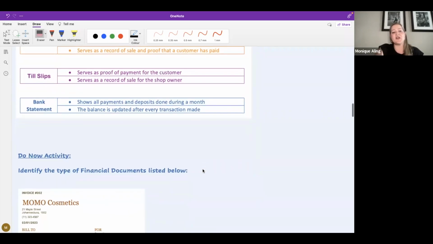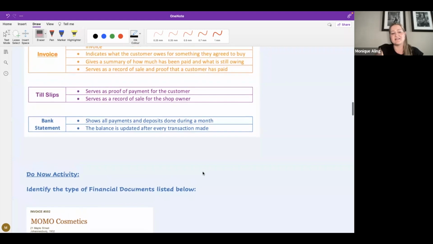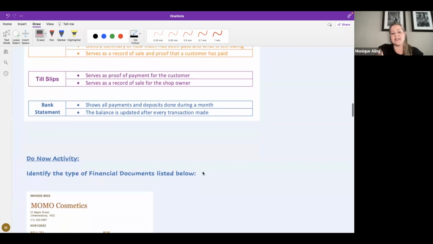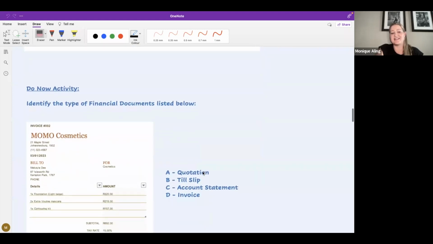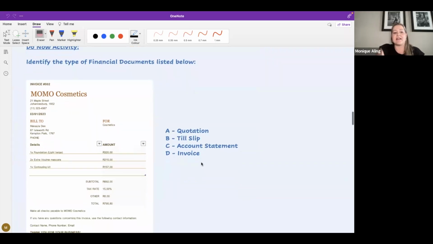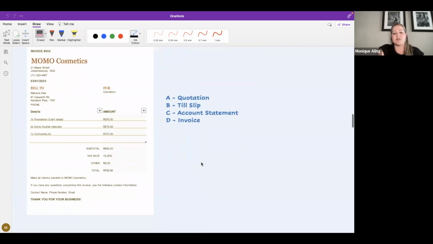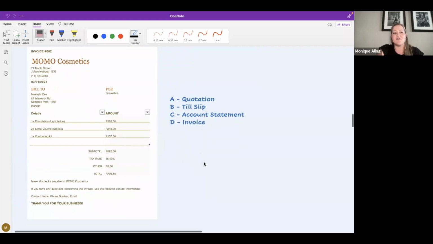Before we go into these documents, let's quickly do a little activity, just identifying the types of financial documents. I am pulling up a document onto the screen. Let me know what kind of financial document you see.